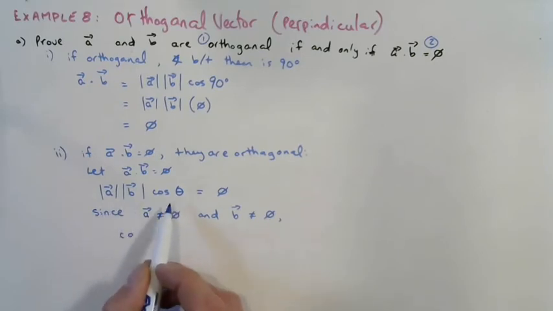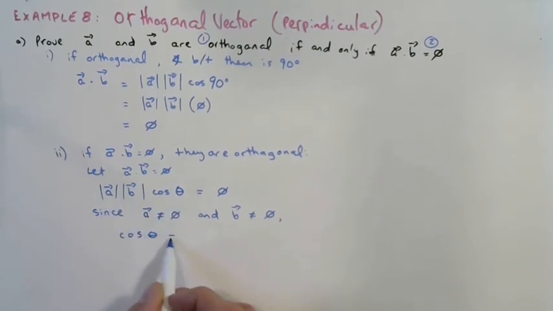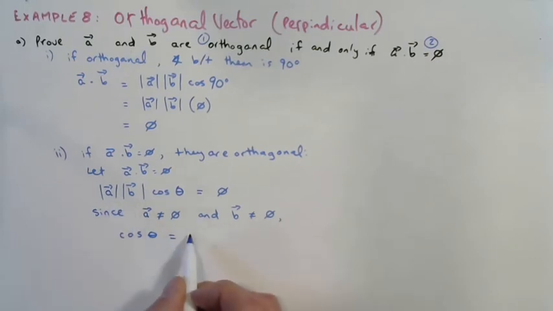So if I divide this side, I'm left with just the cosine of theta, and 0 divided by anything is still 0. The cosine of theta equals 0.